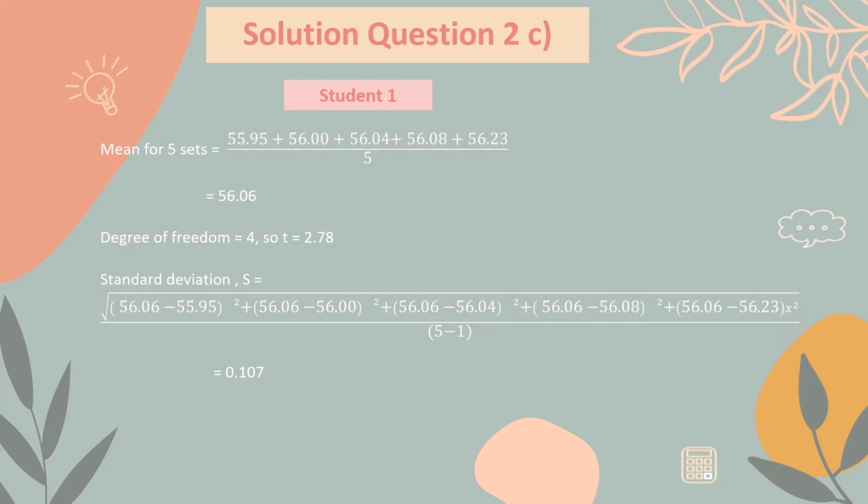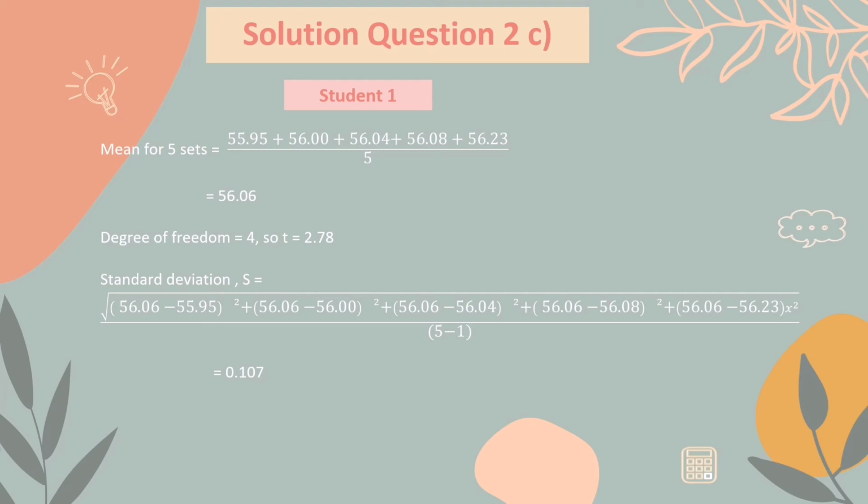For question C, we want to distinguish the difference of confidence level between student 1 and student 2. We start with student 1. We find the mean value of the 5 values, divided by 5, and we get 56.06. The degree of freedom is 4, so the T is 2.78.